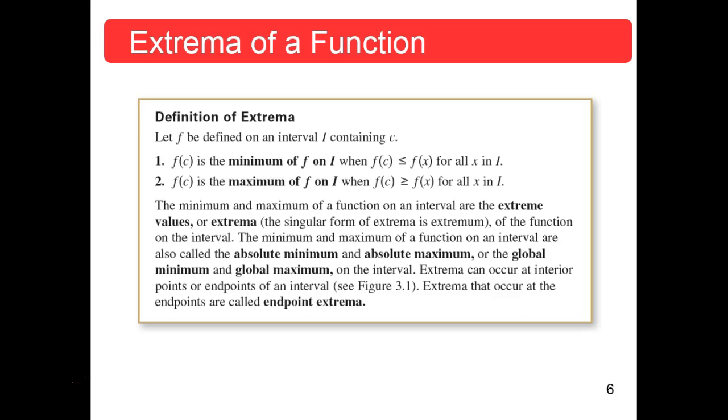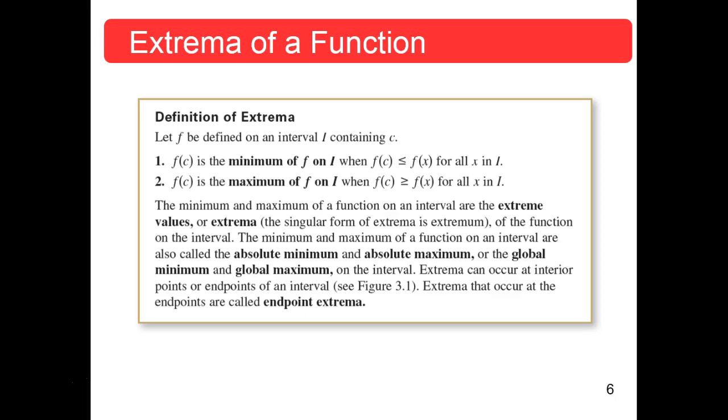Now the f's are your y values, right? So this is the very minimum y value on the interval. There may be more than one of them, but it's the least. That's what we mean. It's the minimum of f on I when it's less than or equal to all the other y values on that interval.